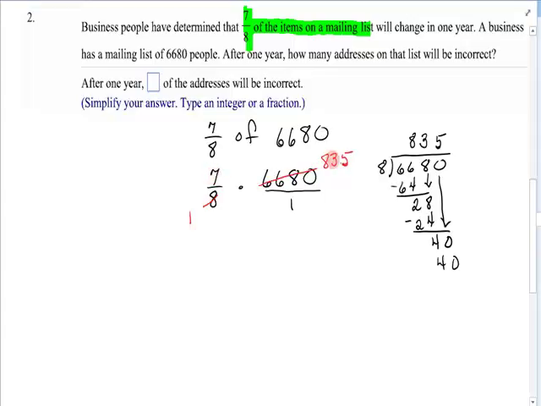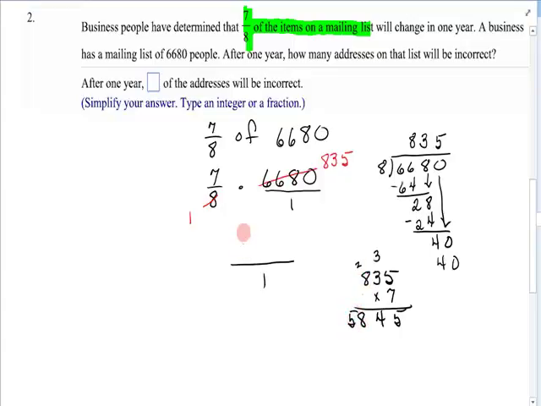Now I have to multiply 7 times 835 and 1 times 1. All right, I know the bottom is 1. I have to multiply 835 times this 7. 7 times 5 is 35. Carry the 3. 7 times 3 is 21, and 3 more makes 24. Carry the 2. 7 times 8 is 56, and 2 more is 58.